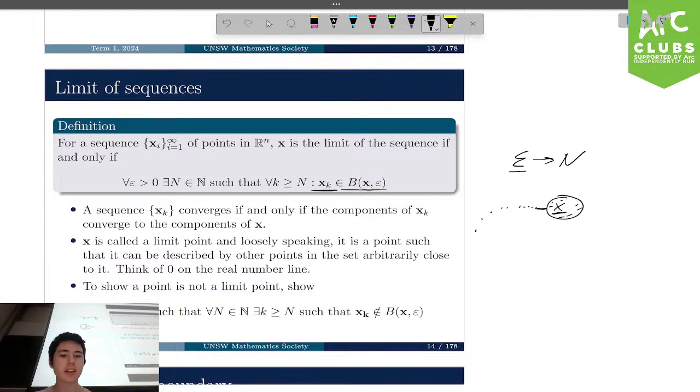And I can choose epsilon again for an even smaller ball, and then there must be some value which gets even closer and closer and closer, implying that as epsilon goes to 0, we reach our limit, okay, which is our point x.